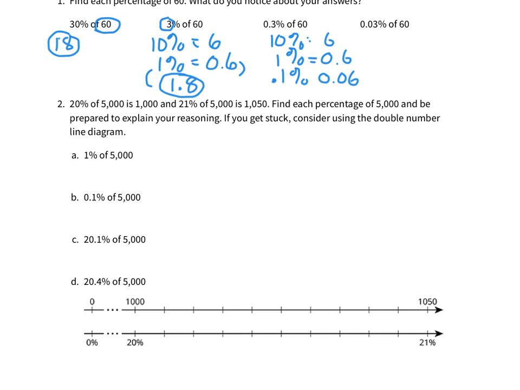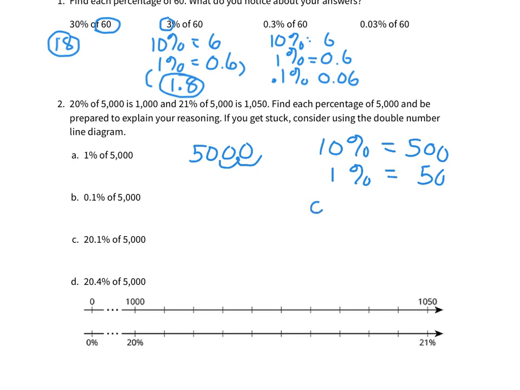So let's see. 1% of 5,000. Here's my 5,000. 10% of 5,000 is 500. 1% of 5,000 is 50, if I move that decimal one more place. 0.1% would be 5. 0.01% would be 0.5.